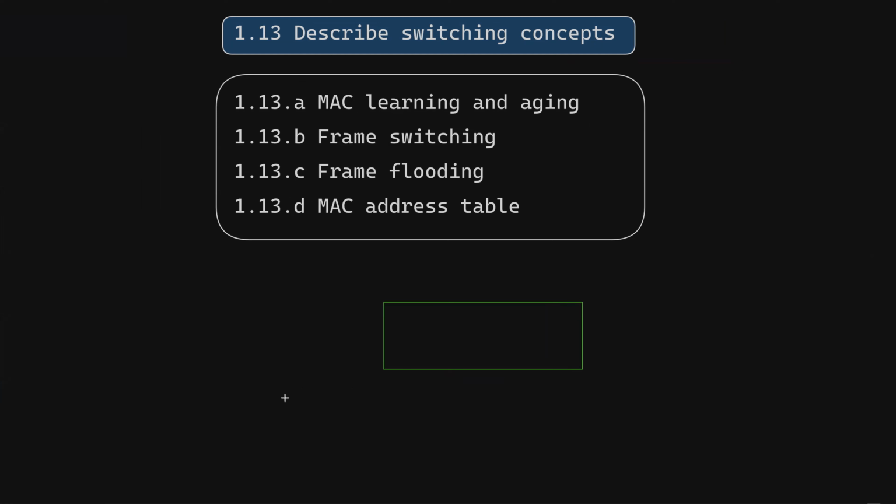So suppose this is one switch, and these are the PCs, and these are the PCs. Now assume that only when they start communicating will the switch learn the MAC address, right? Suppose they are not communicating, and then you have to send a packet, or frame more precisely.